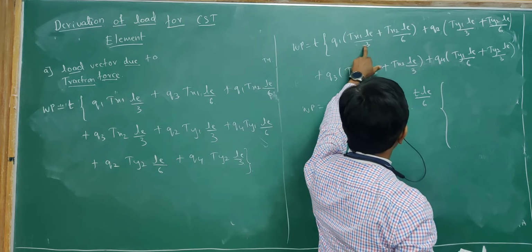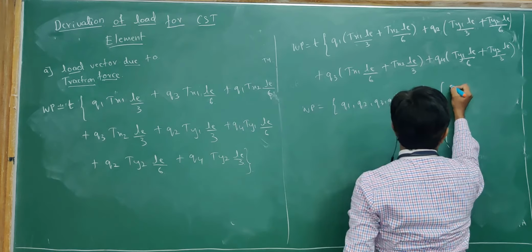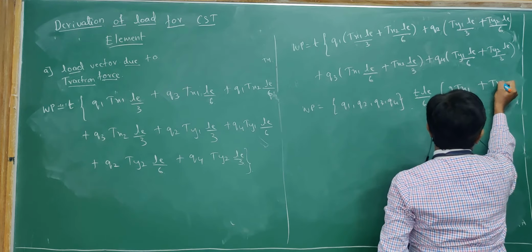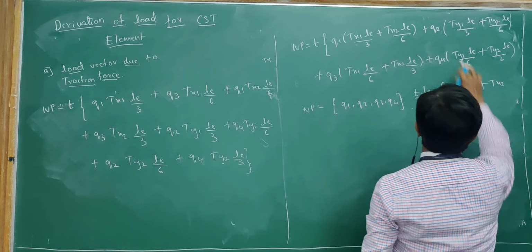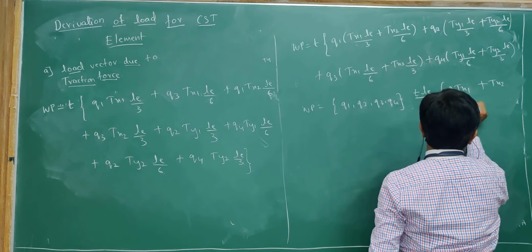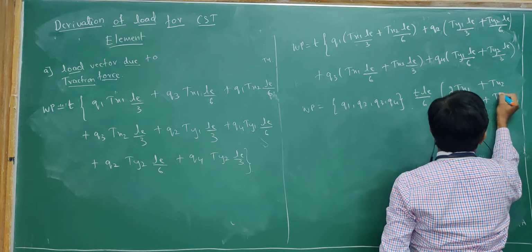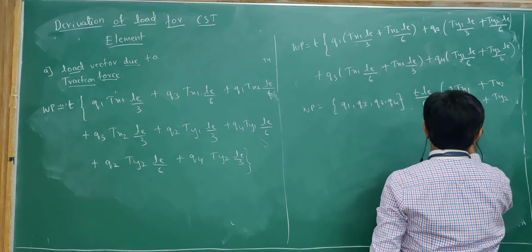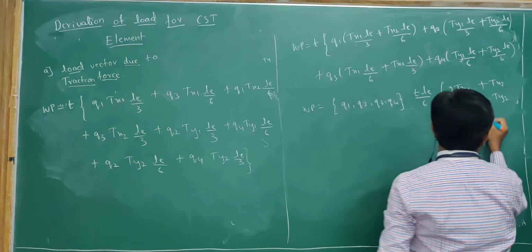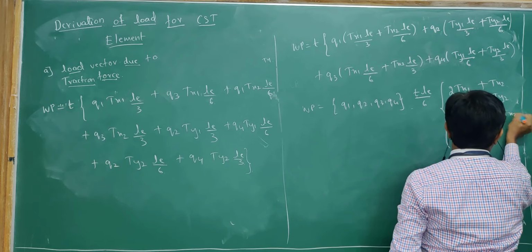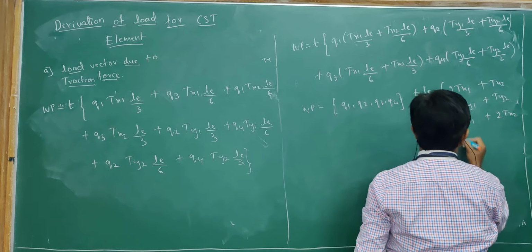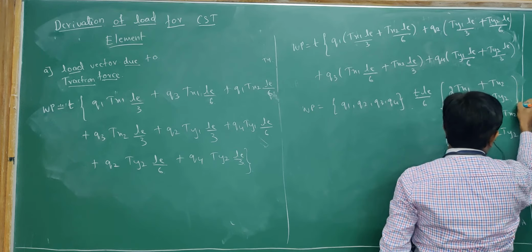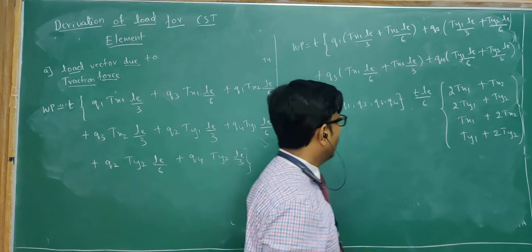So it becomes 2Tx1 plus Tx2, similarly 2Ty1 plus Ty2, then Tx1 plus 2Tx2, and Ty1 plus 2Ty2. This is how we will be getting the equation here.